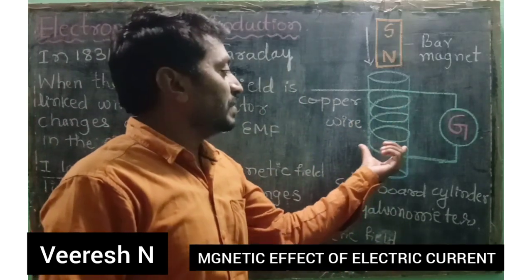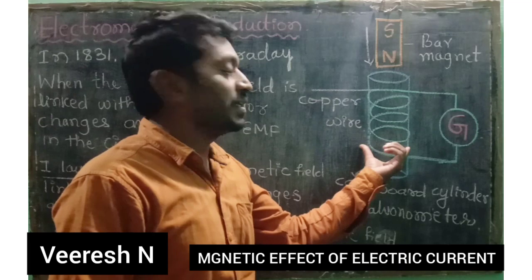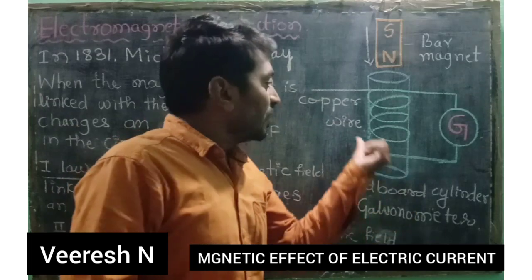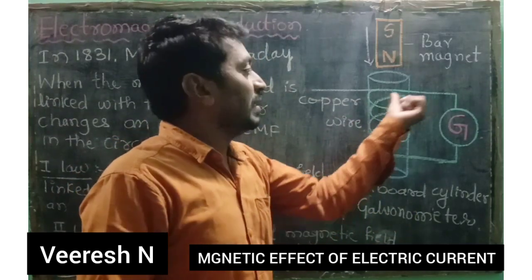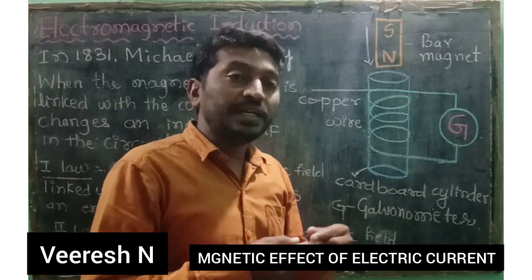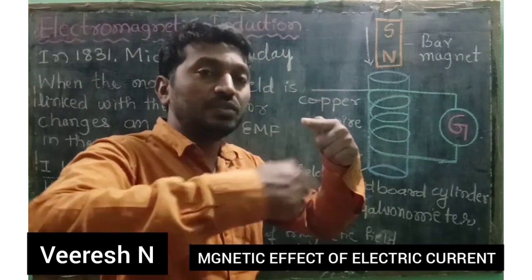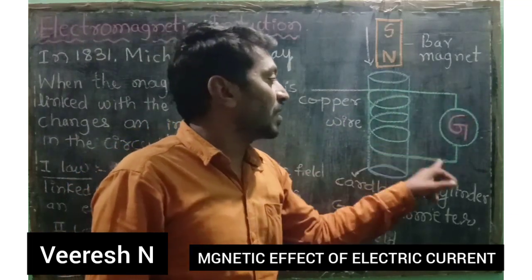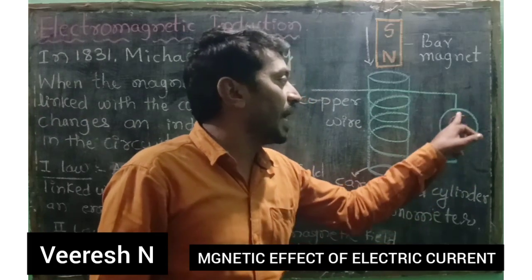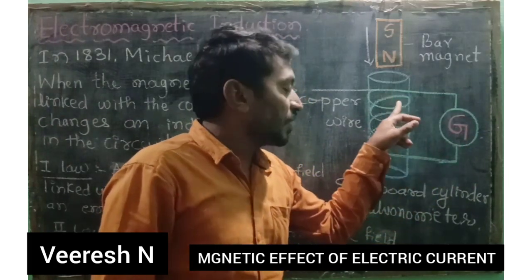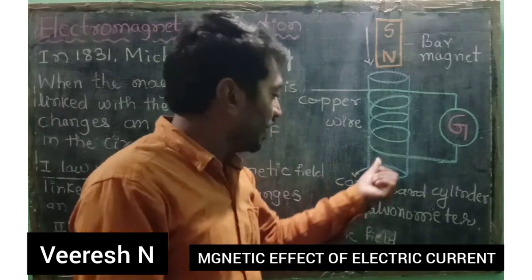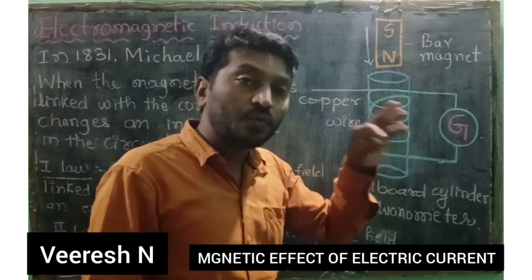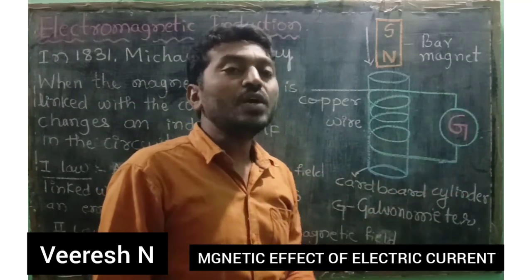First, Faraday took a cardboard cylinder. Then he took a length of copper wire, and the copper wire was wound around the cardboard cylinder, and the two ends of the copper wire were connected to a galvanometer.